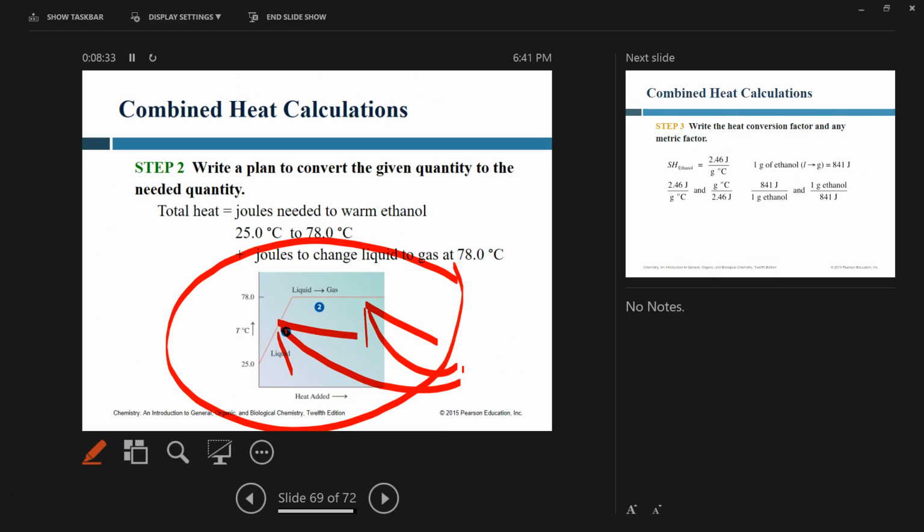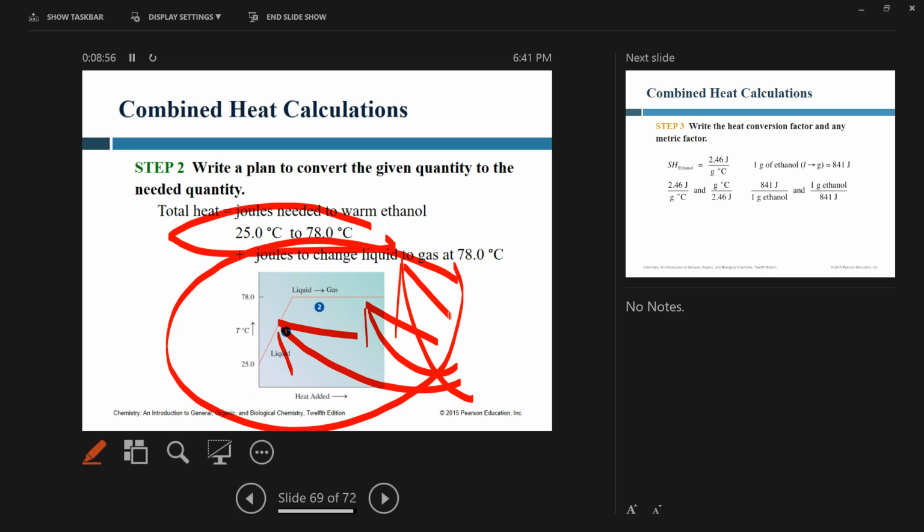Now, first, you need to figure out what are the two processes that you're looking at here. One is heating up ethanol from 25 to 78. You go from room temperature to boiling point. Second process is actual evaporation at 78 degrees Celsius.